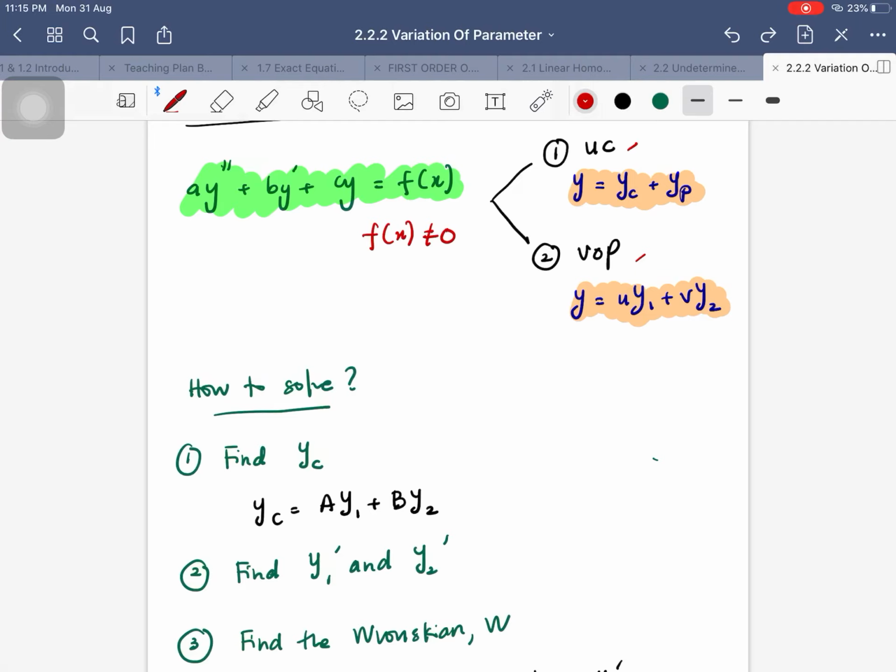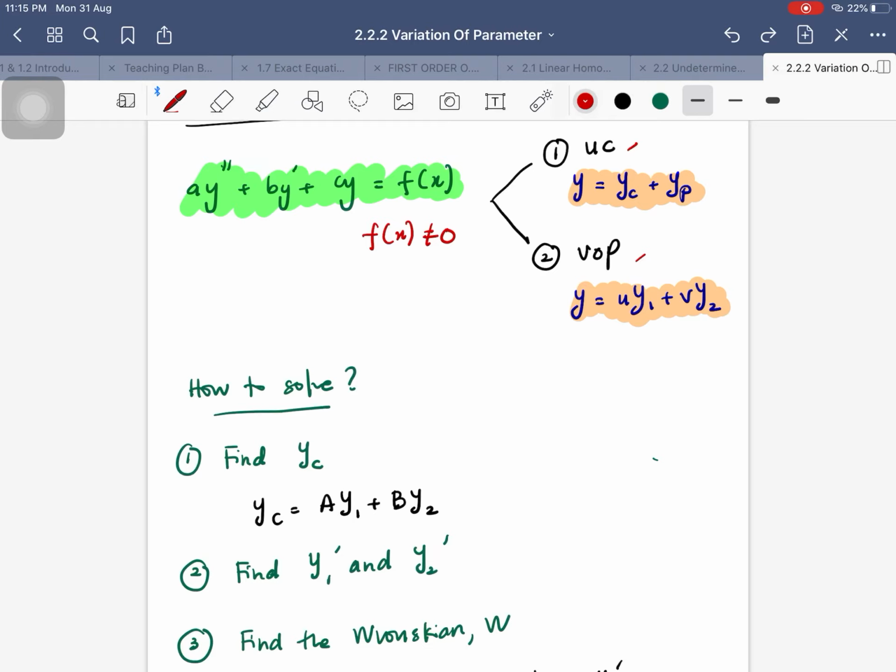I want you to notice that for the case of VOP and UC, the first step is always the same: you are going to find the yc. But for variation of parameter, yc has a very important role. Why do I say that?